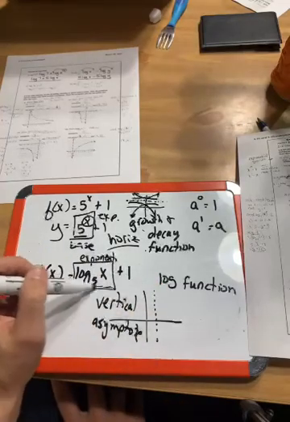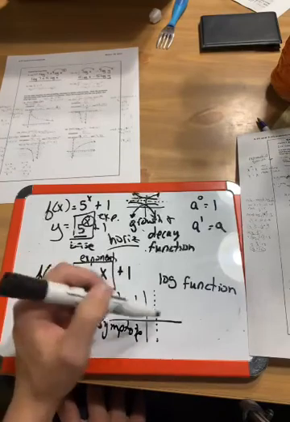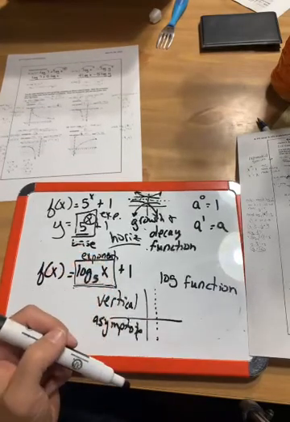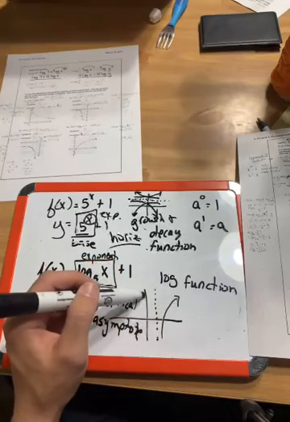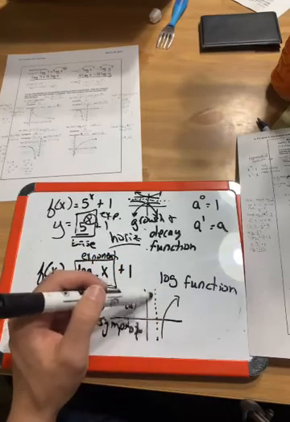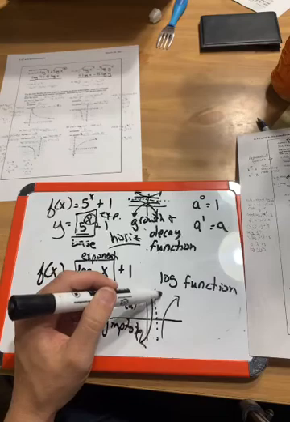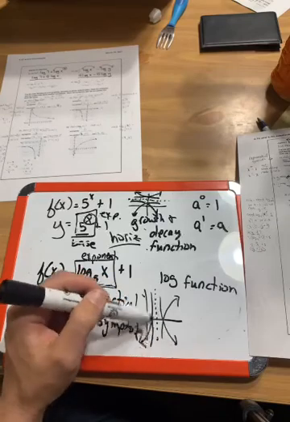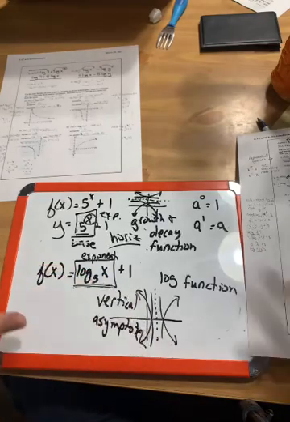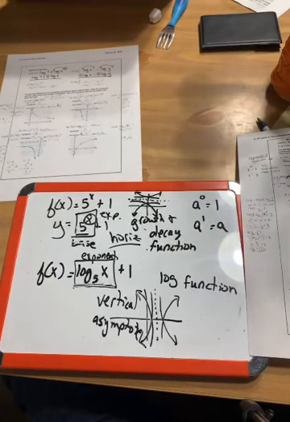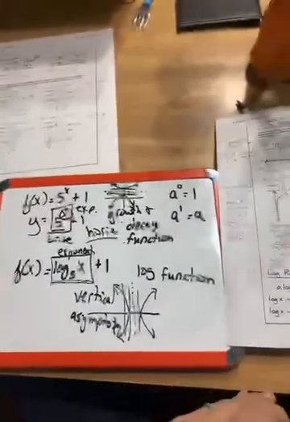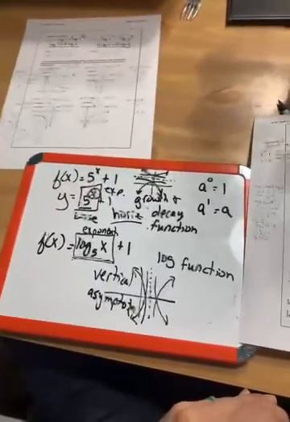So any log functions will always have a vertical asymptote. And then your function would move along that asymptote in the 4 different directions. Like that. Okay, so that's the most important thing to do. So we will ask ourselves questions as we work through these, and it will help us graph them without using a graphing calculator.